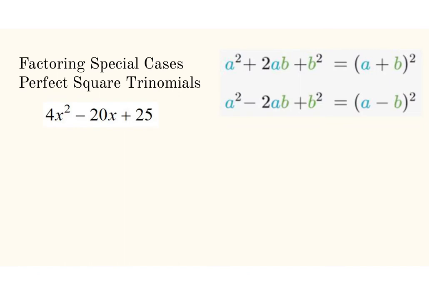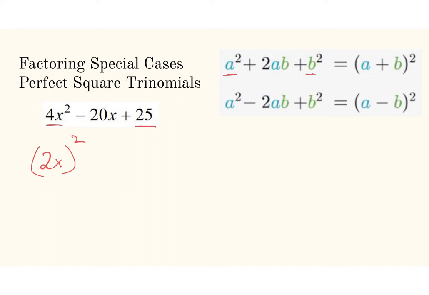We also want to remember our special cases. So this one is a special case. It's called the perfect square trinomial. I know it's a perfect square trinomial because I know my perfect squares by memory. So if I were to rewrite this expression, I can rewrite this as squares of a number. So I can rewrite this as 2x, and that thing is being squared.